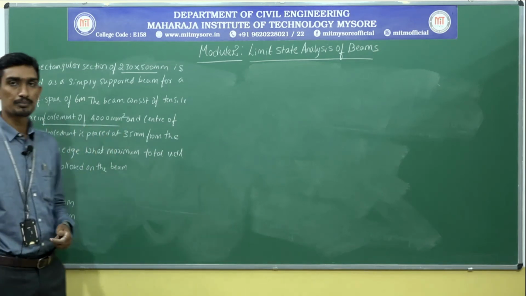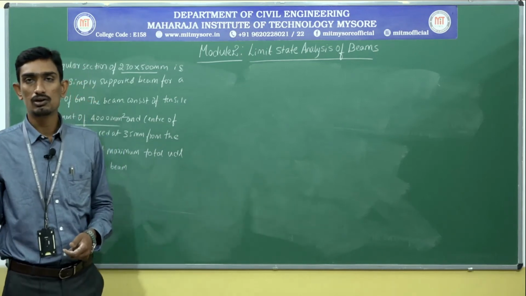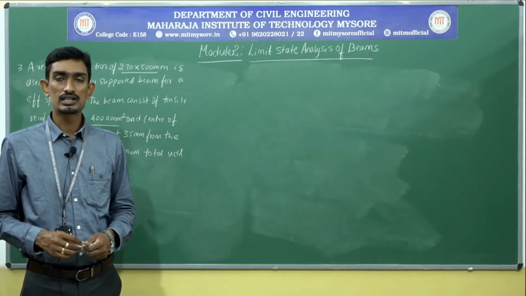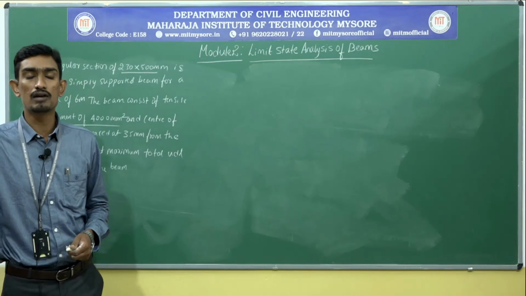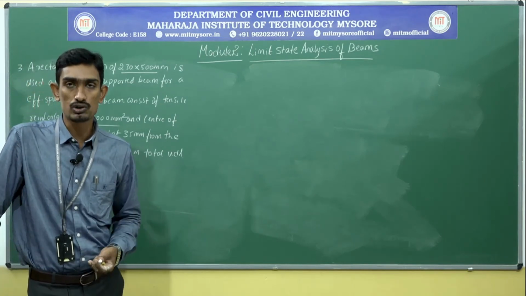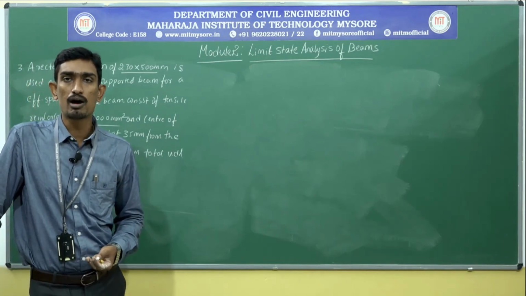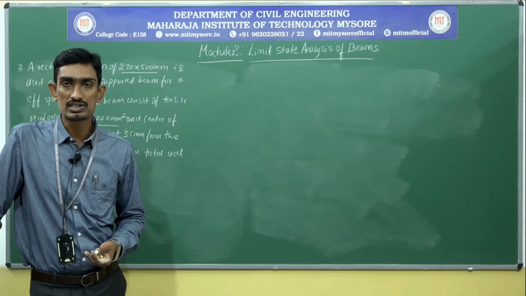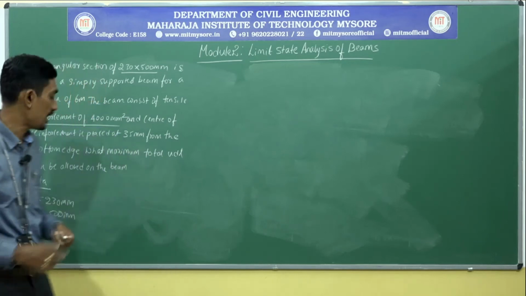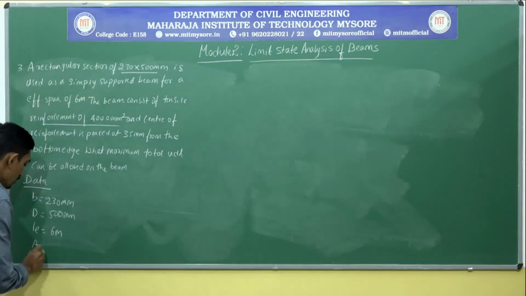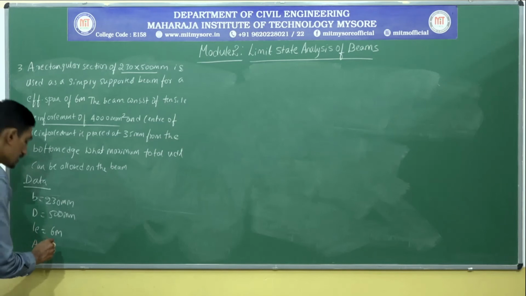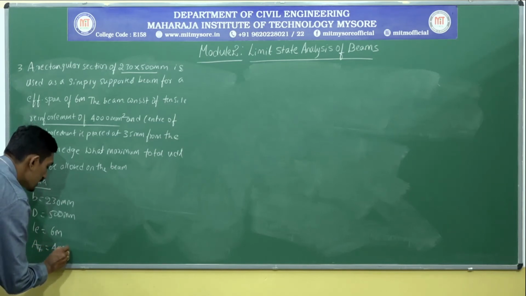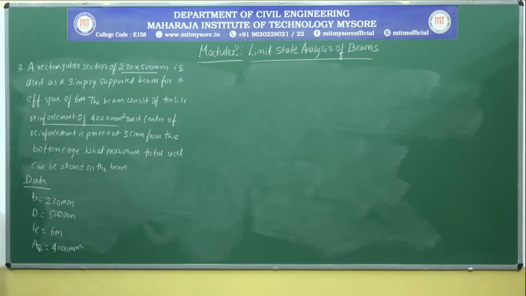The beam consists of tensile reinforcement of area 4000 millimeter square. In the last problem, the AST was given in terms of number of bars, 4 number of so and so. But in this particular problem, they have directly given the area of steel, AST equal to 4000 millimeter square.